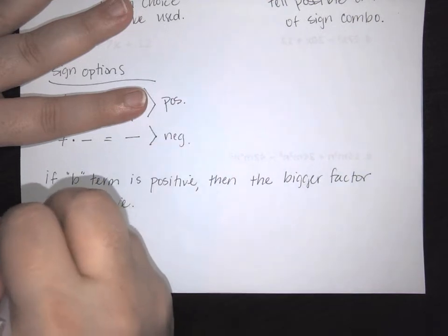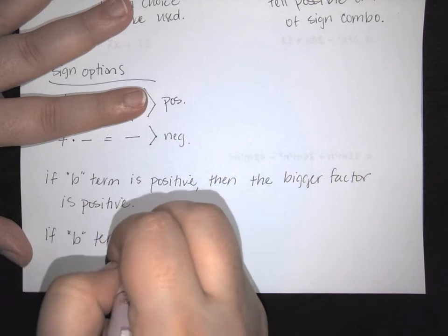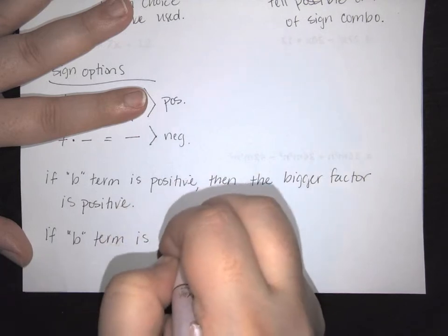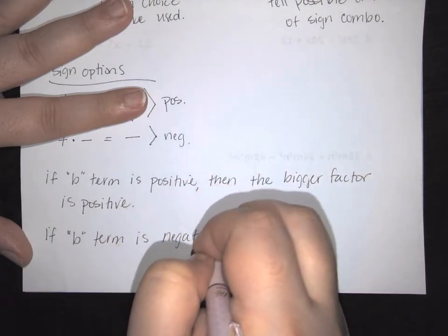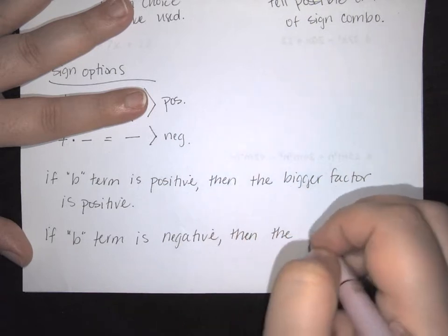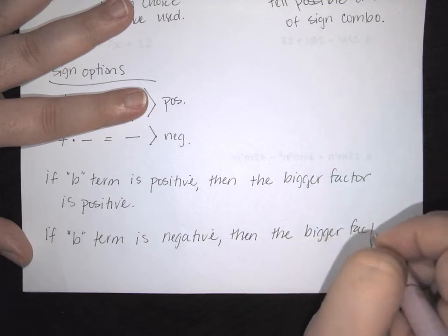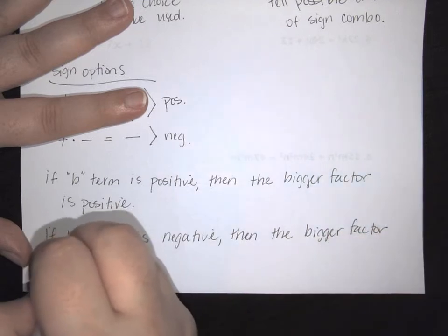However, if your B term is negative, then the bigger factor is negative.